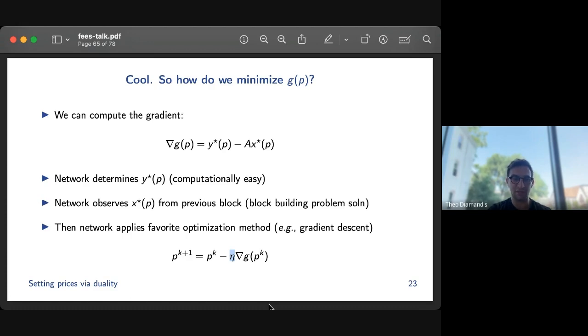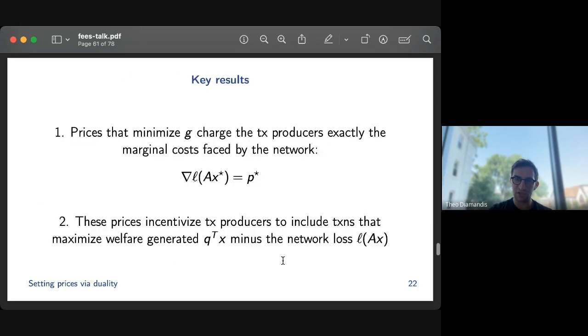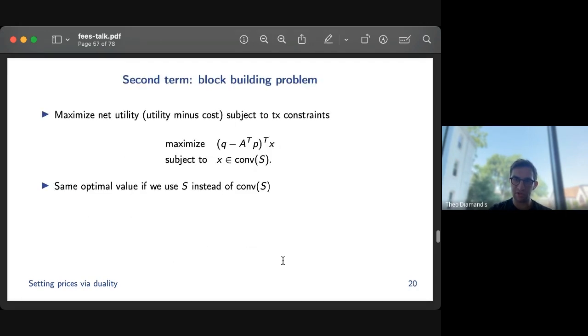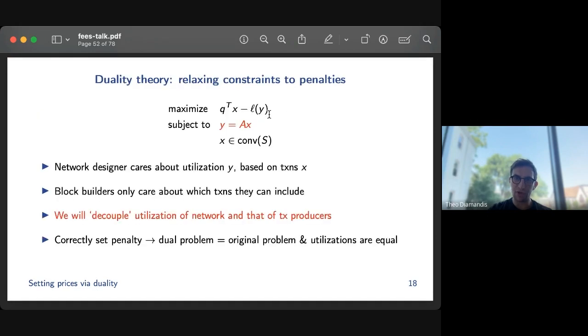To answer the question, it controls how fast you're updating the prices, and to a certain extent, that's going to control how quickly you get to the optimal as well. But of course, this problem is going to change for every single block, because this x is a vector per block. So the prices probably will change as the distribution shifts.